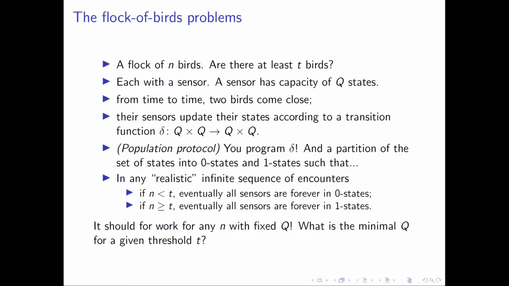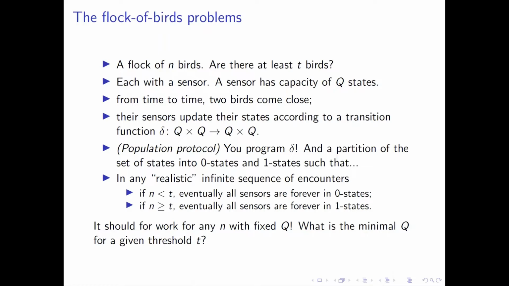And we also have to have some assumptions on this sequence, because if the same two birds meet each other over and over again, then you cannot extract anything useful for your problem. So we will assume that the sequence of encounters is, quote, realistic. I will define it in one slide, but the intuition is that the infinite sequence has to look as if it was obtained just by random tosses of coins.